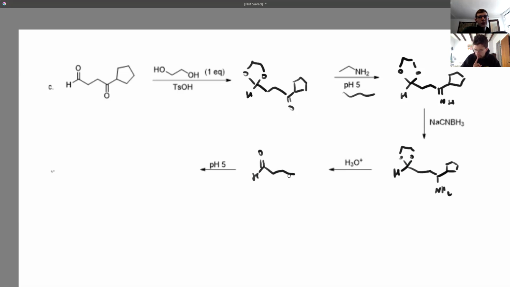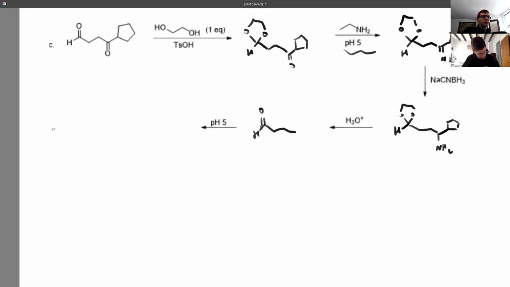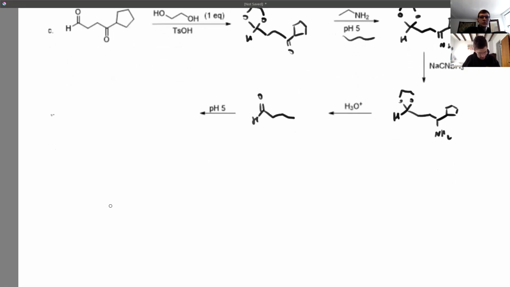Wait, but when we talked about that last reaction with the crazy compound, didn't we make it a cyclopentane? So remember the original molecule that we were working with in the other problem looked like this, with some craziness.